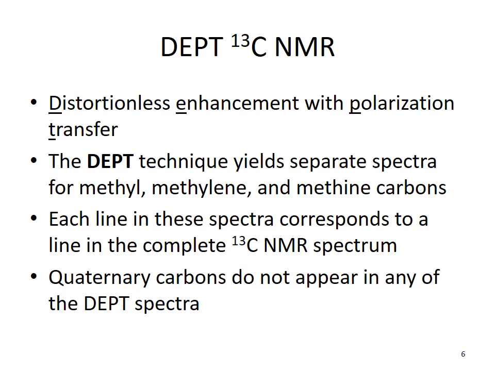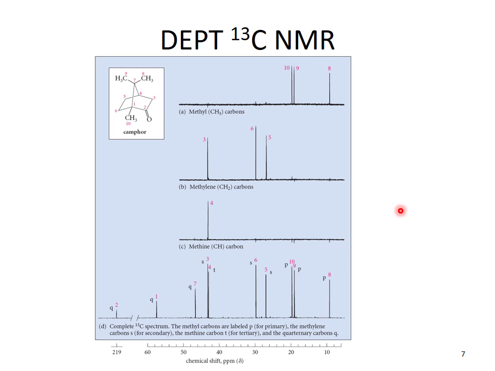And for each type of carbon, you get a spectrum. So this is what we get from the DEPT spectrum. One spectrum for the carbons that have 3 hydrogens attached, one for the ones that have 2 hydrogens attached, and one spectrum for the ones that have 1 hydrogen attached.